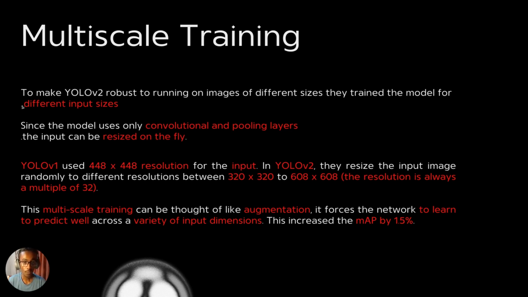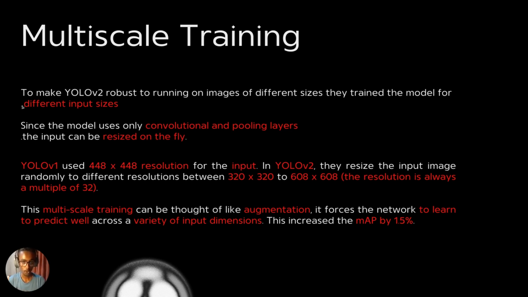In YOLO V2, they resize the input image randomly to different resolutions in the range of 320 to 608, and the resolution always has to be a multiple of 32. We can talk about why they use a multiple of 32 when we talk about YOLO V3 in detail. And this multi-scale training can be thought of like augmentation.